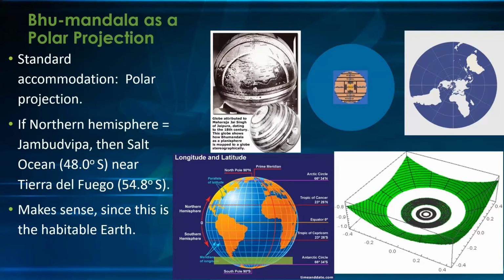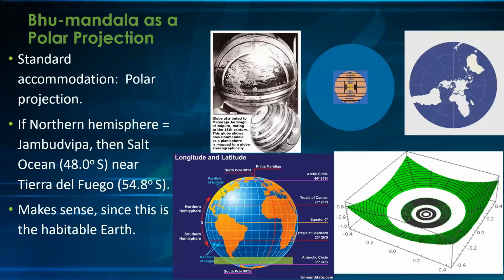This green line here basically shows, in this picture down here in the lower left, this green bar that represents the thickness of the first island beyond Jambu-dvipa.